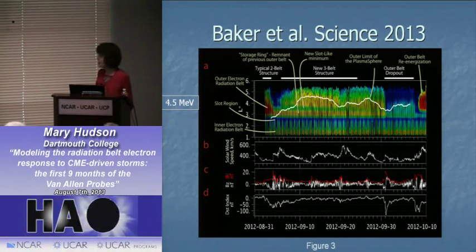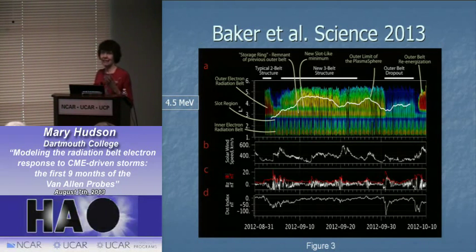Then you have another even stronger storm come along at the end of the month, and this one pushed the magnetopause in further, and we know that from the MHD simulations that we did for each of these events. And so when that happens, it basically wipes out what's left of the storage ring. It begins to recover, and then you have yet another strong CME-driven storm, and that really completely wipes out the outer zone.